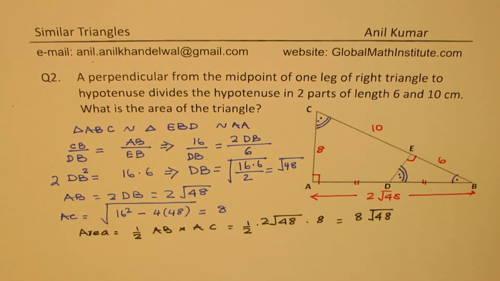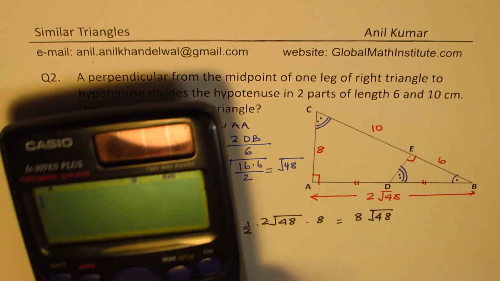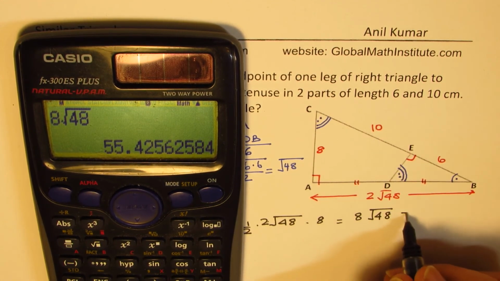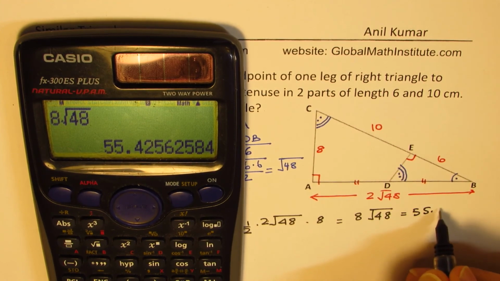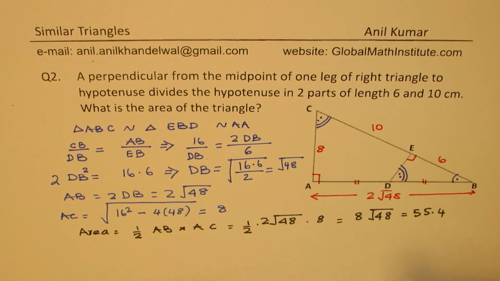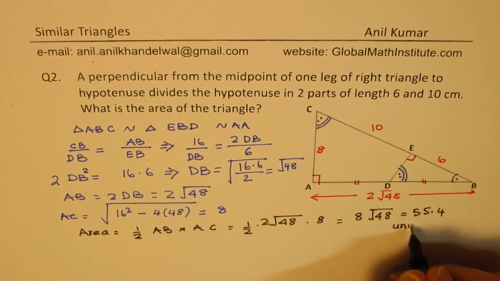Correct? So an approximate answer we can always find. So we have 8 square root 48 equals to, within decimals, 55.4. Right? So 55.4 unit square becomes the answer for this.